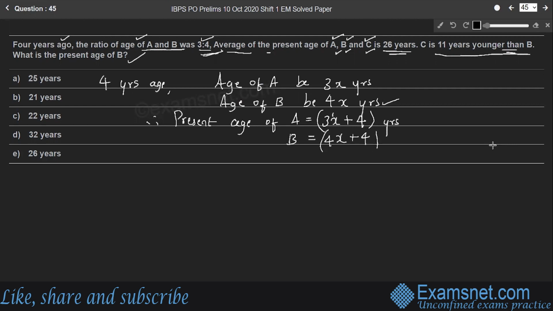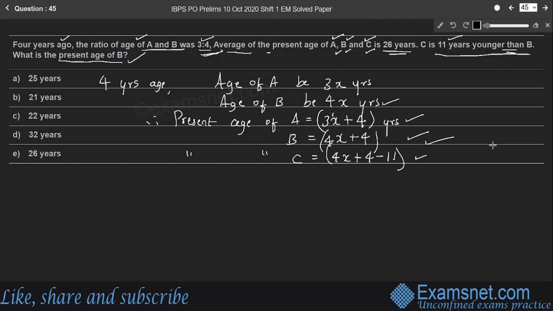Right? Then present age of C will be, C is 11 years younger than B. So therefore, present age of C will be 4x plus 4 minus 11. Right? So now we have to find the average age of A, B and C, which is equal to 26 years. Find the value of x in this case.